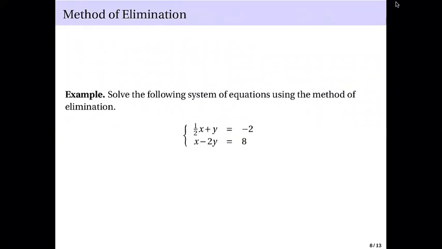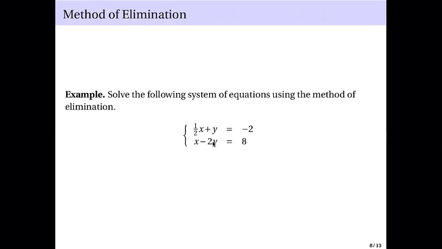So to understand the method, let us consider this example. We want to solve the system, this time using the method of elimination. As I have said, what we're going to do is to use both equations.